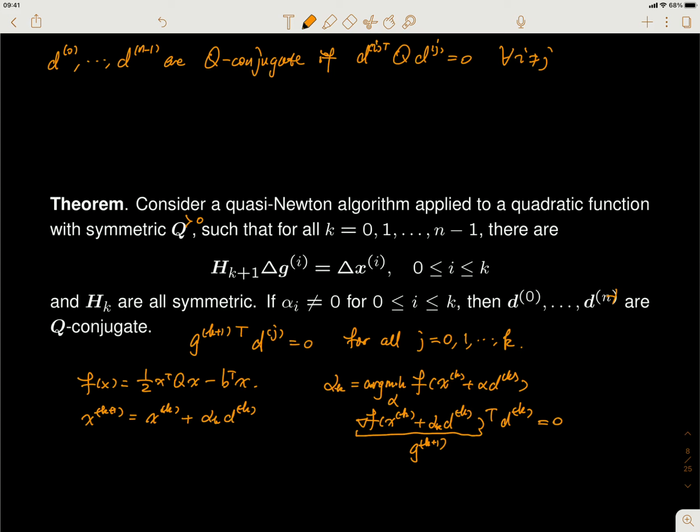Using this, at least in the first iteration, we know that g1 should be perpendicular to d0. And actually for each iteration, the way we chose this alpha k will make g k plus 1 perpendicular to dk.